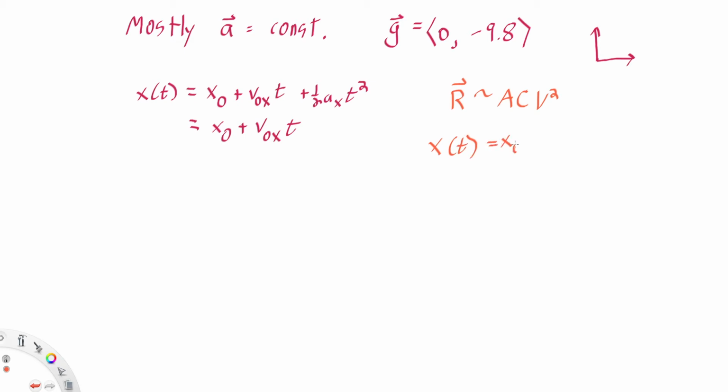We have some initial position, plus, and I'm going to use derivatives to write down velocity, the derivative of position with respect to time, evaluated at t equals 0, plus another term which actually depends on the derivative with respect to time squared.